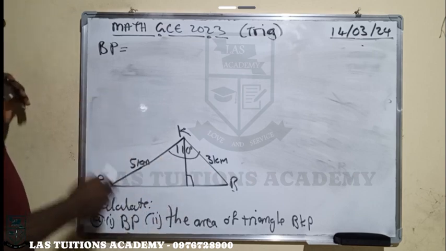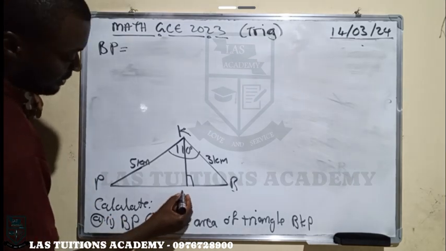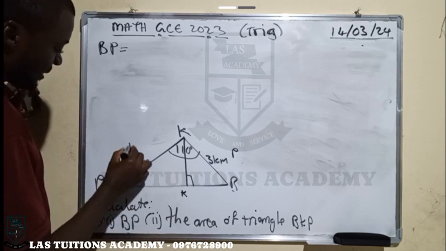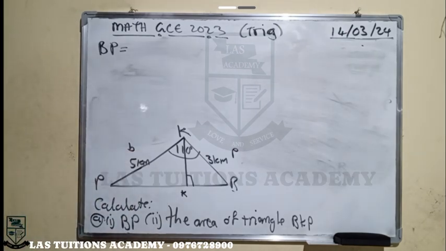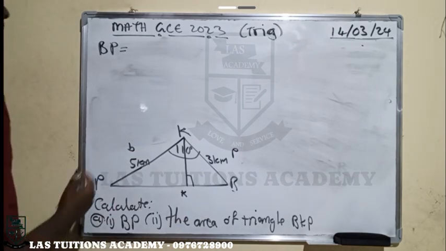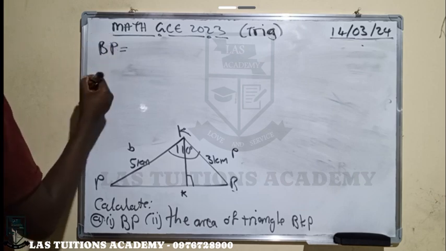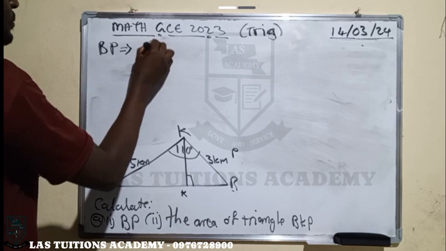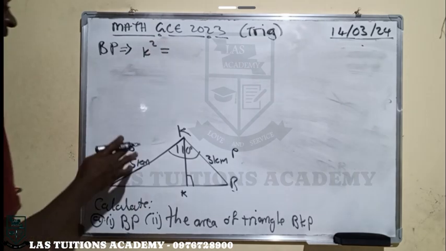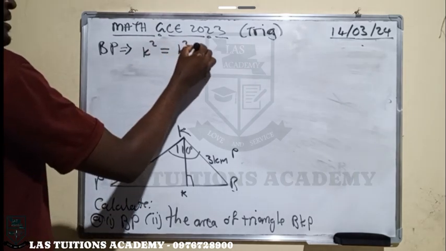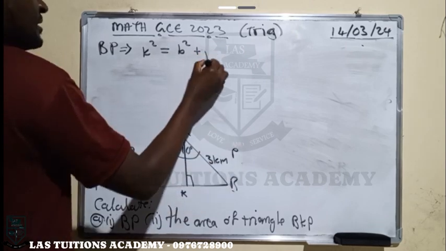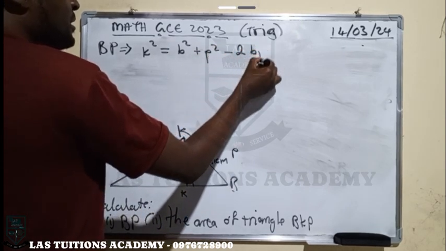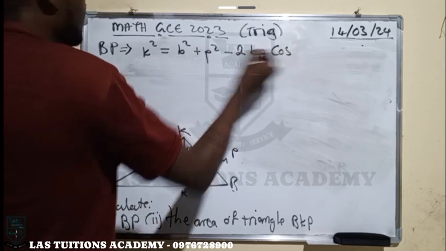Because in cosine rule here, this is our small k, this is our small p, and this is our small b. So to find k here, we are going to say k squared is equal to b squared plus p squared minus 2bp cos K, the angle we are looking for.